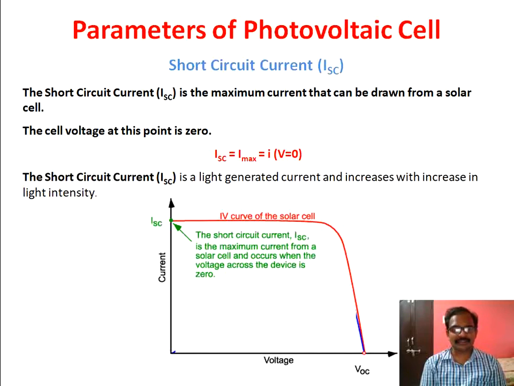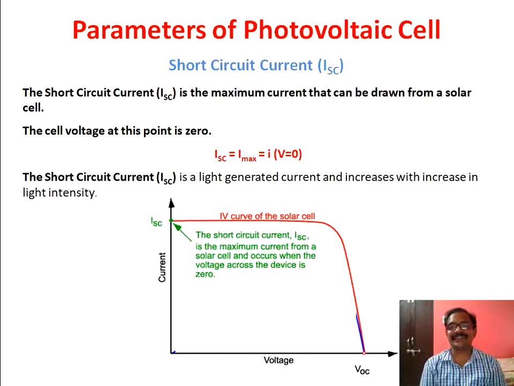That is, whenever the current is at the maximum point, what is the corresponding voltage? It is 0. So whenever voltage is 0, what do we call that circuit? Short circuit, and that is the reason why at short circuit the current drawn by the solar cell is called the short circuit current.